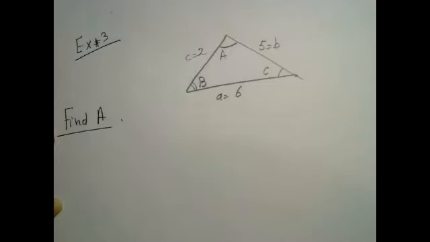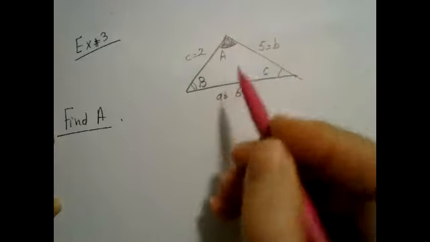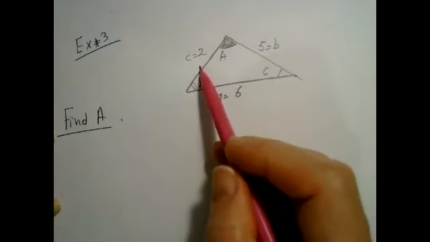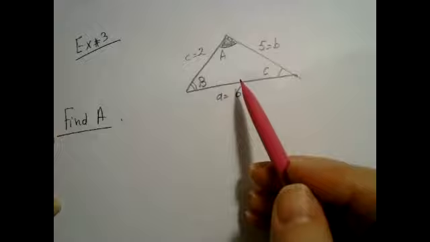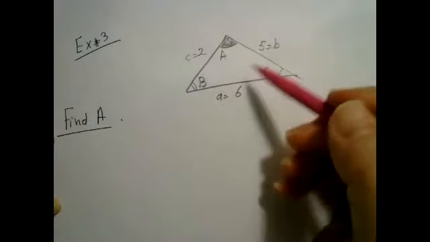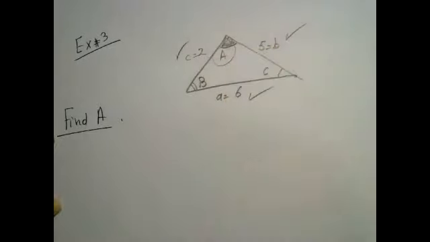Okay, very good. So we're going to find this angle, right? Now what am I giving you? I'm giving you the sides A, B, and C. And we are going to use this new law that I've talked about. So this is what's given to me. And this is the piece that is missing.